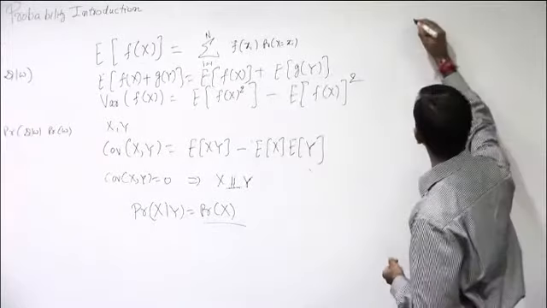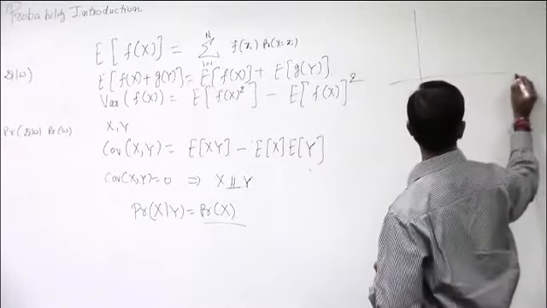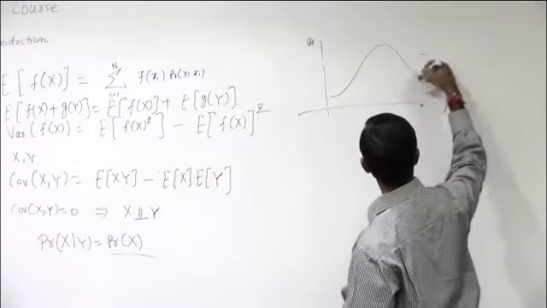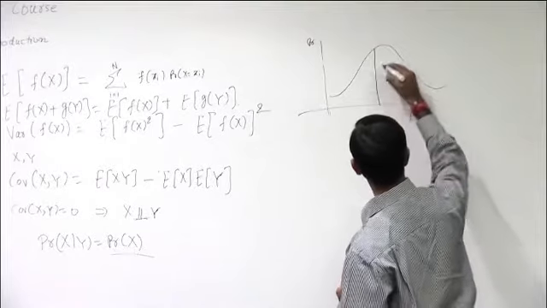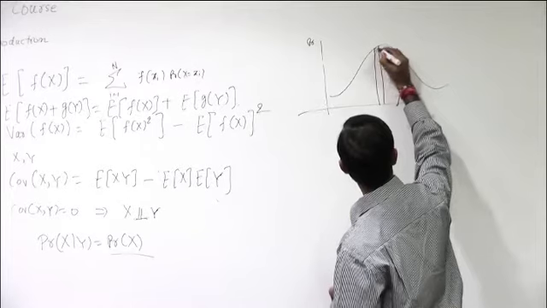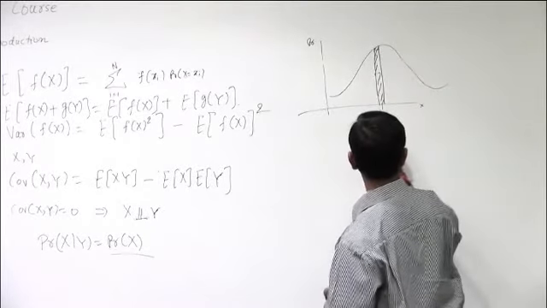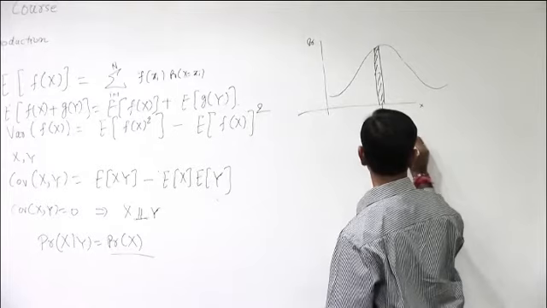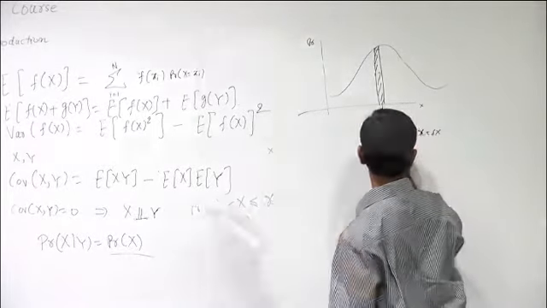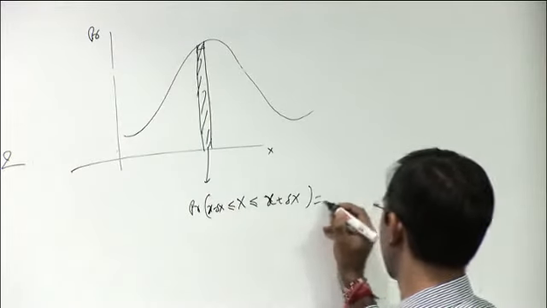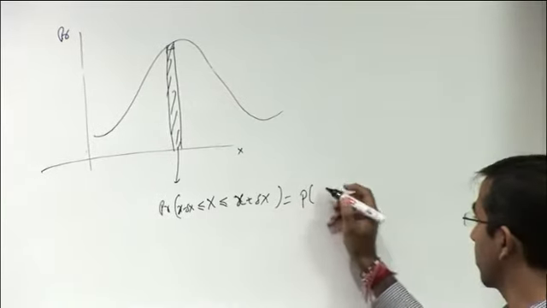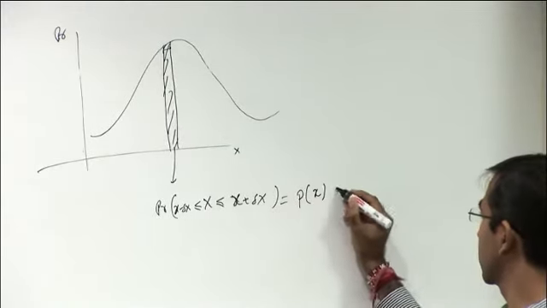What that essentially says is, if this is my probability space, this is my x space, and this represents my probability density curve, then this region indicates the probability of the random variable x lying between x minus delta x and x plus delta x, and that is essentially given by this probability density function, which I am writing as small p of x times 2 delta x.